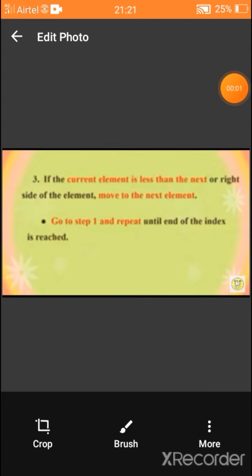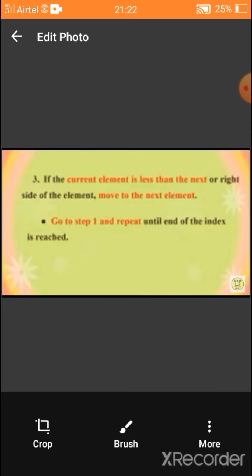Look at the third step. If the current element is less than the next, that is, if the two elements are already sorted, it goes to the right side of the element. It moves to the next element.